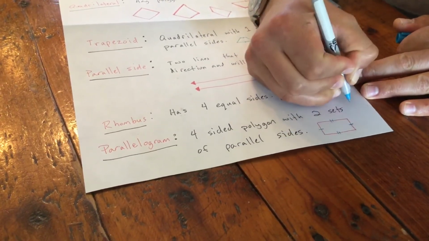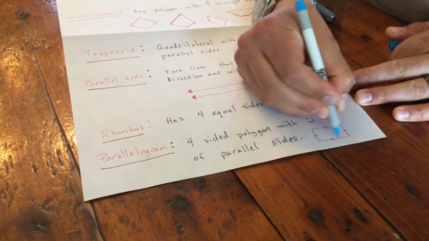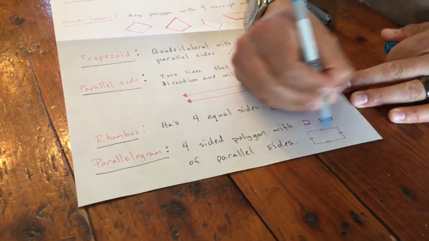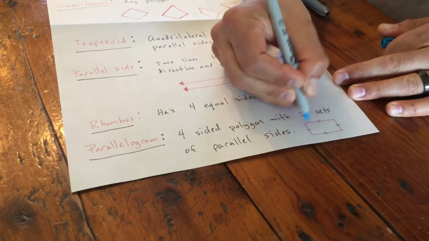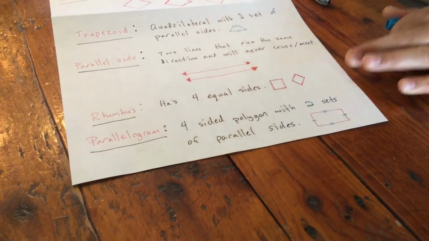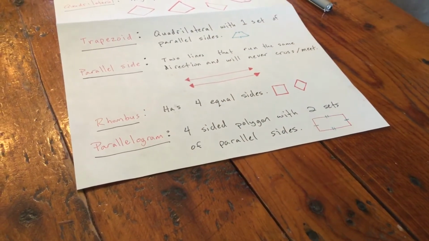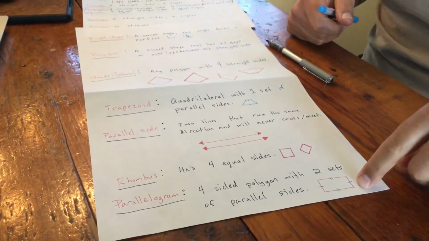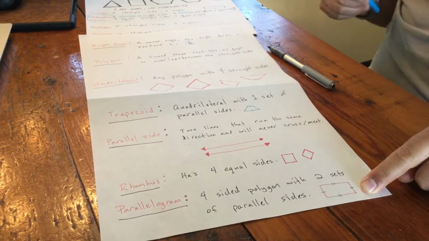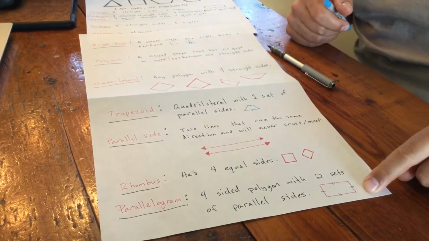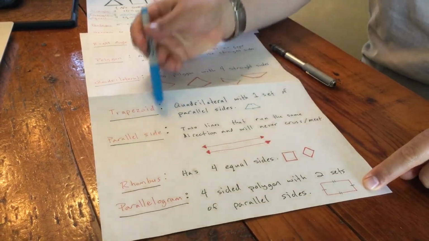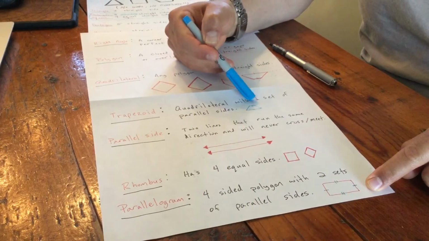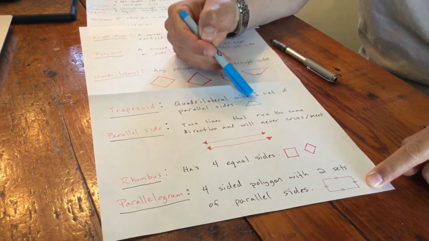They will never meet. And this line is parallel with this line. They will never meet. So 1 set, 2 sets of parallel sides. So the difference between a parallelogram and a trapezoid is that a parallelogram has 2 sets of parallel sides, where a trapezoid only has 1 set of parallel sides.